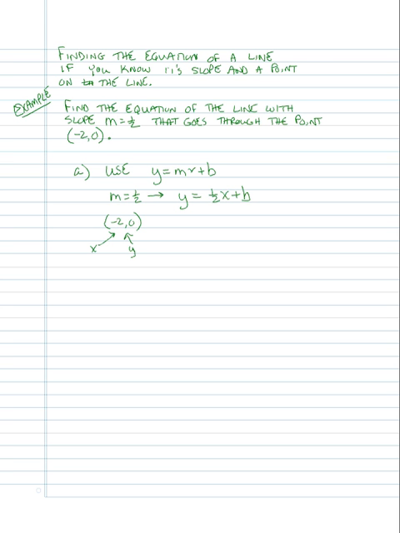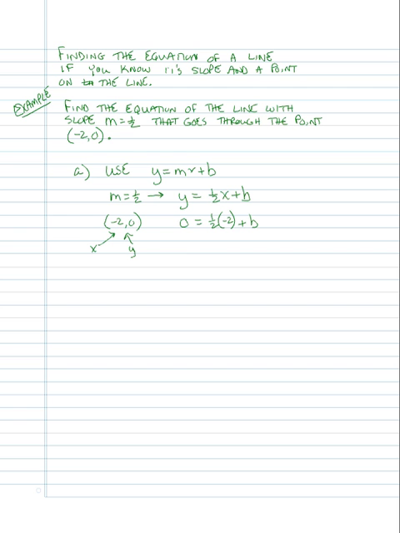So if we put the y value of 0 in here, and the x value of -2 in here, then the equation we get has to be true. This lets us decide what b is for this equation to be true. Otherwise, that point wouldn't be on the line.